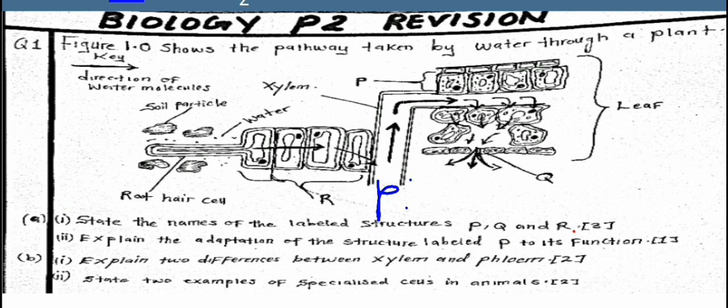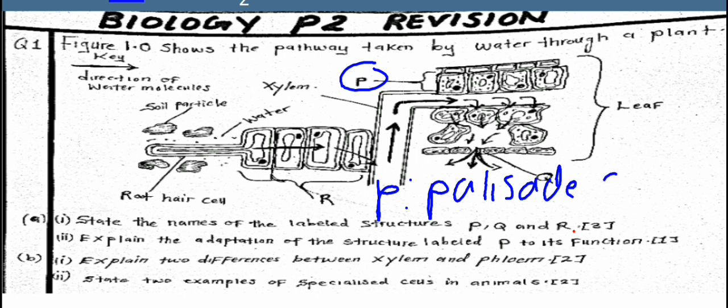So as for P, this cell here is called a palisade cell. And usually a palisade cell is located beneath, or we can say below, the upper epidermis. That is where it is located.